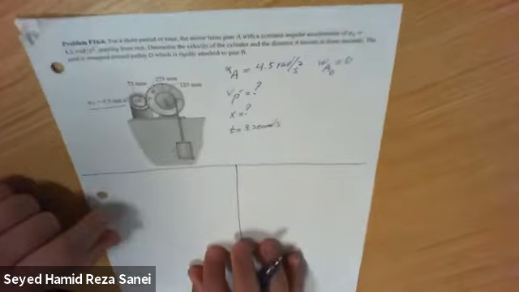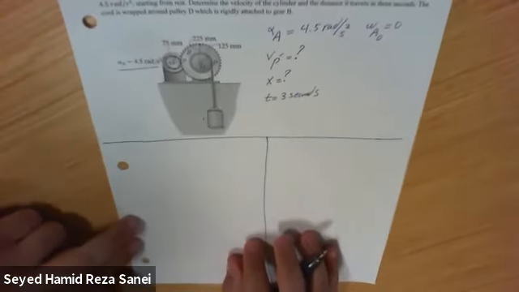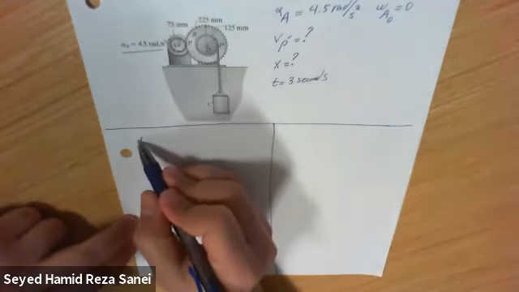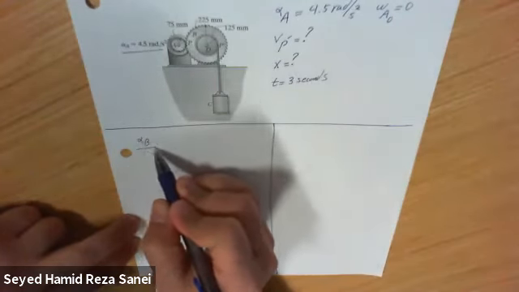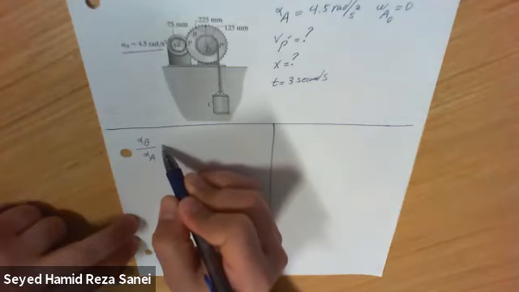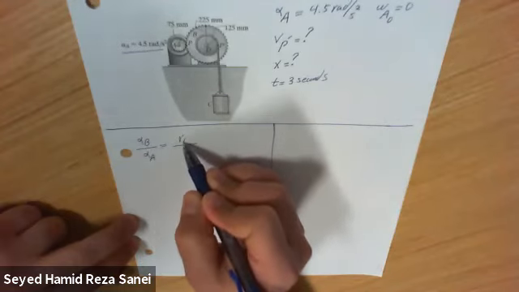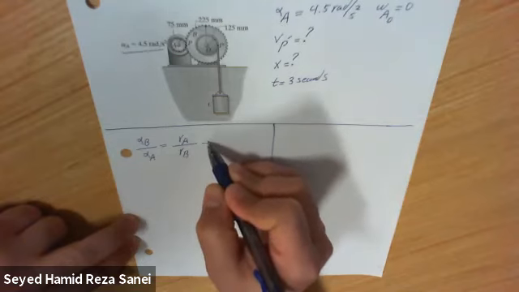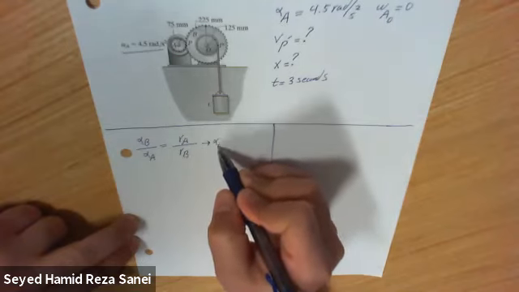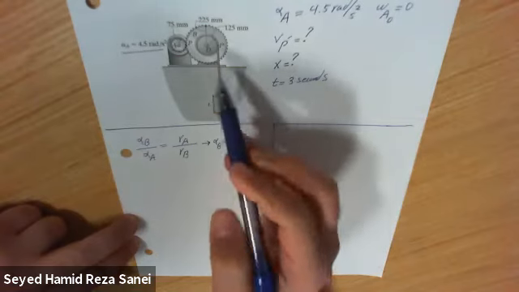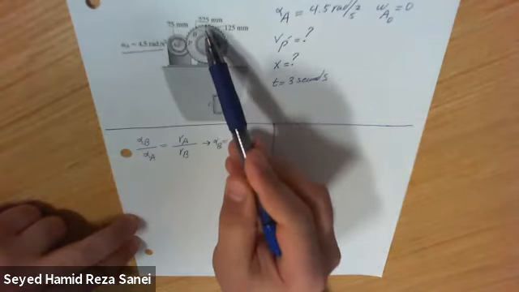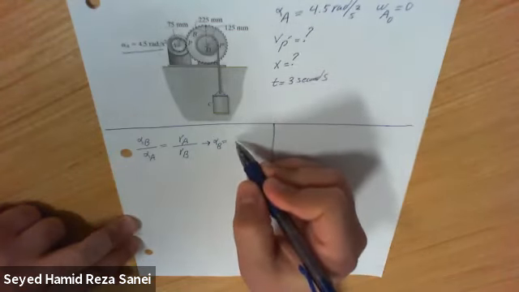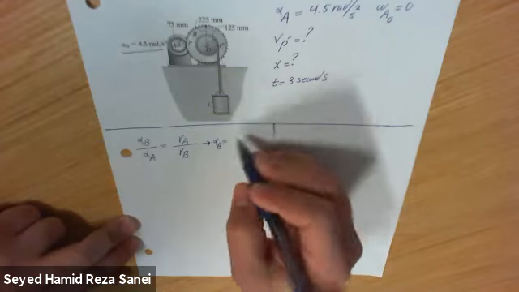Because the 2 gears are in contact, we can use the equation for the gears A and B. Alpha B over alpha A, they are inversely proportional to the radius. So RA over RB. Therefore, alpha B equals RA over RB, so that would be 75 over 225 millimeter. I'm not going to change it to meter because it's going to cancel out.